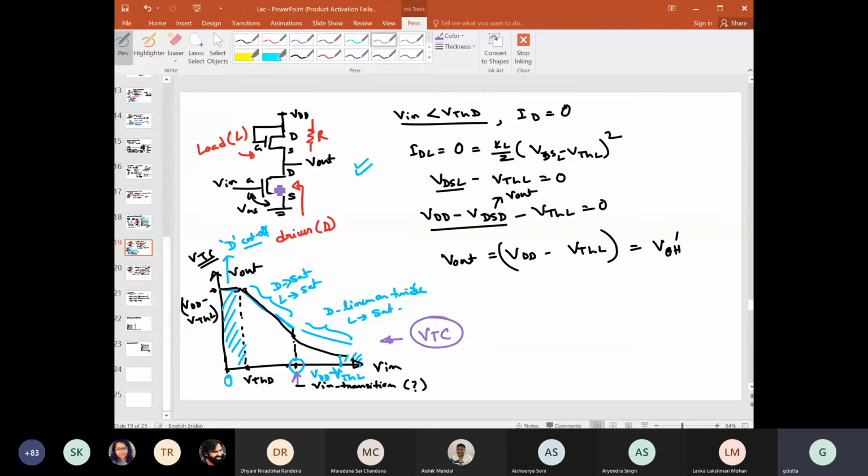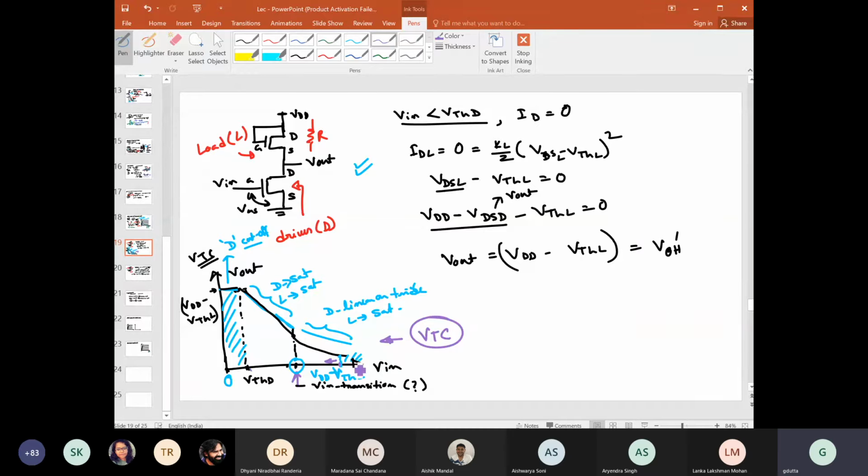Also, when one transistor is off, that is fine, but in this region, from here till here, both transistors are on.